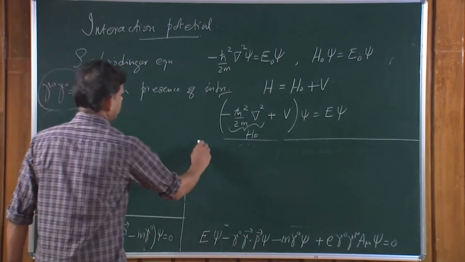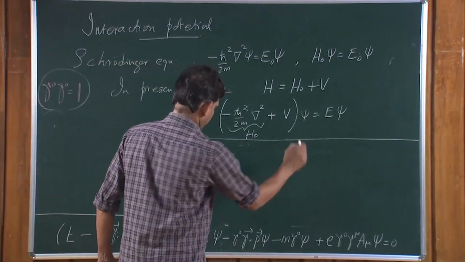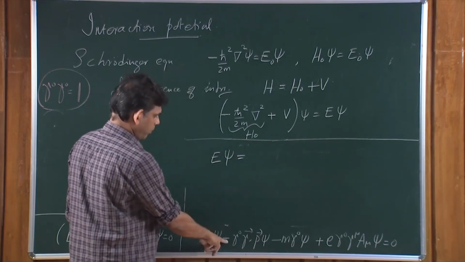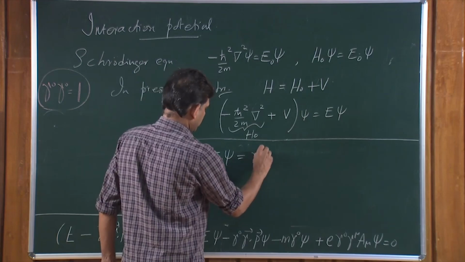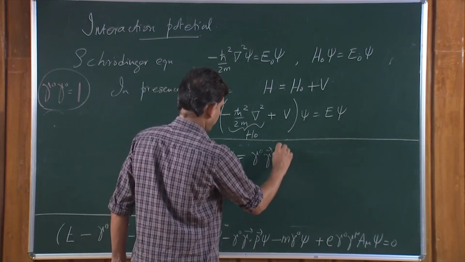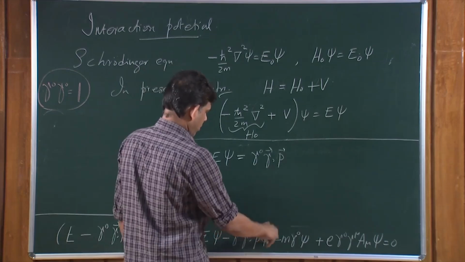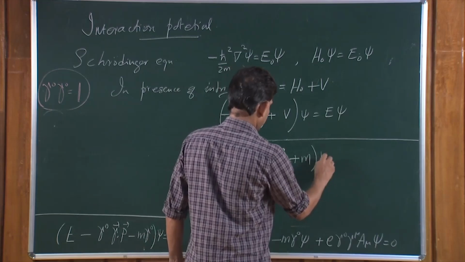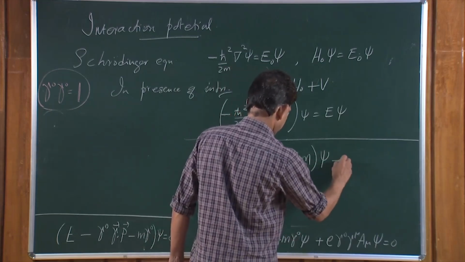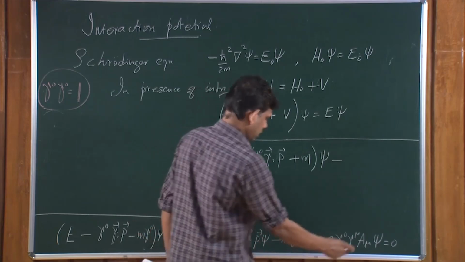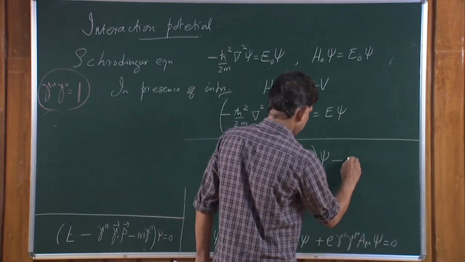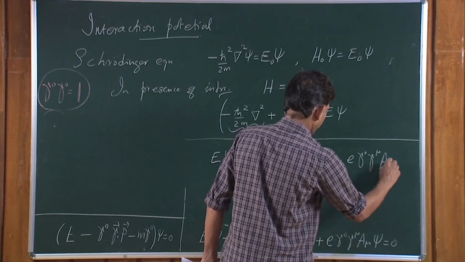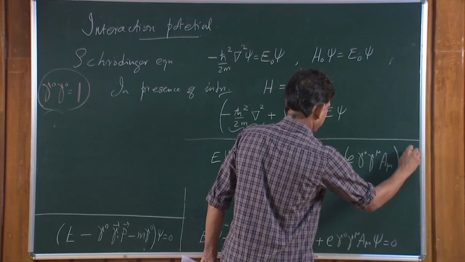Let me write that again here. This is E psi equal to gamma 0 gamma dot P plus m gamma 0 psi, and the term e gamma 0 gamma mu A mu psi goes to the other side, so that becomes minus e gamma 0 gamma mu A mu psi.